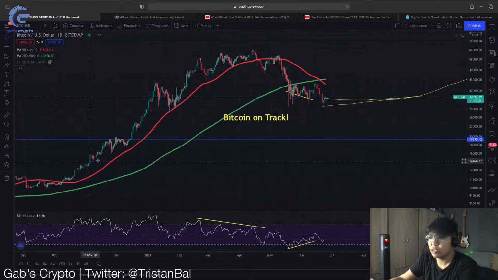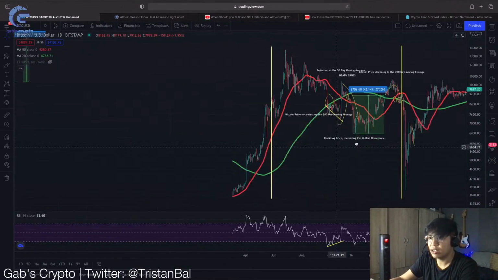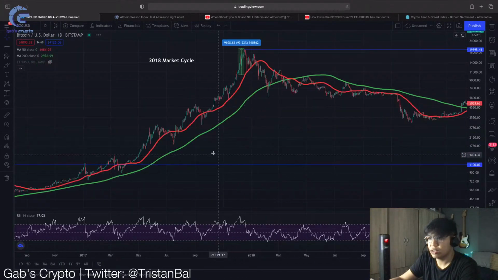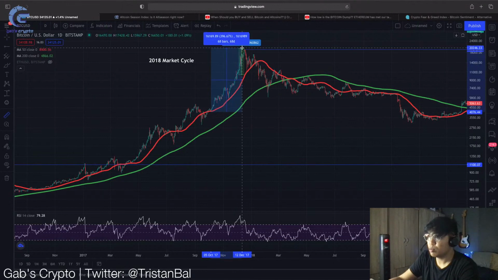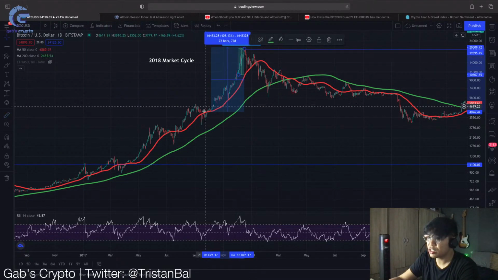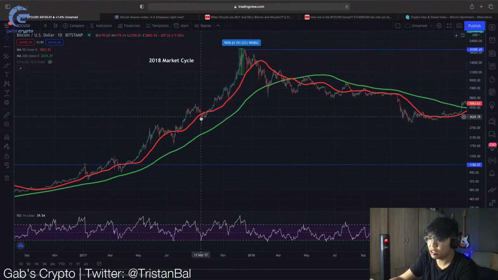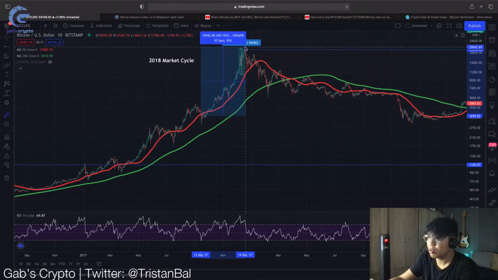Kasi the last time na nag-touch tayo sa kanyang level at around this area, Bitcoin pumped a modest 500%.